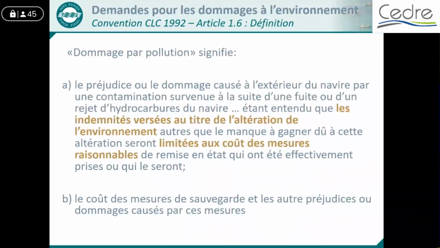So in these conventions, this is not the full article of the convention, but this is the principal message of it. It says that compensation for the impairment of the environment, other than loss of profit from such impairment, shall be limited to the cost of reasonable measures of reinstatement actually undertaken or to be undertaken.